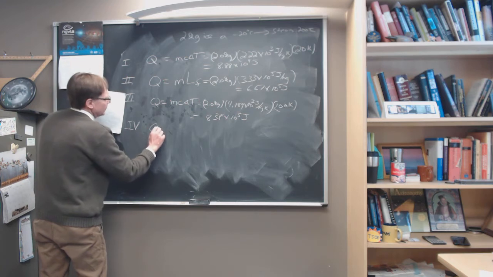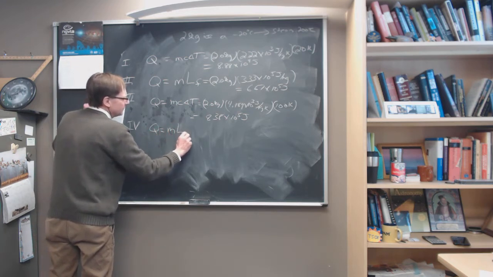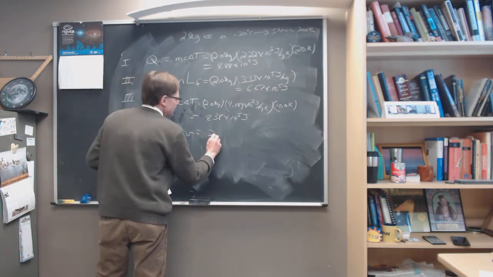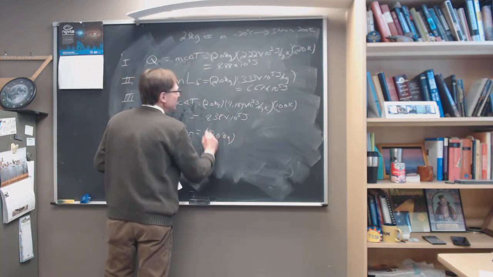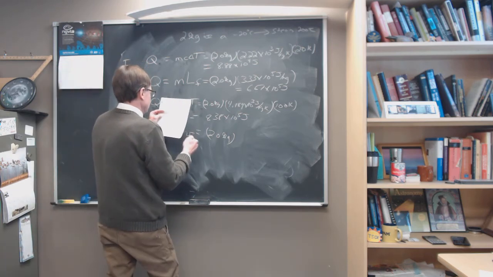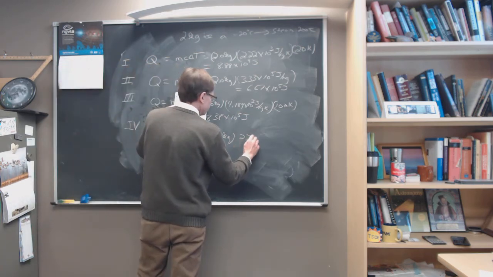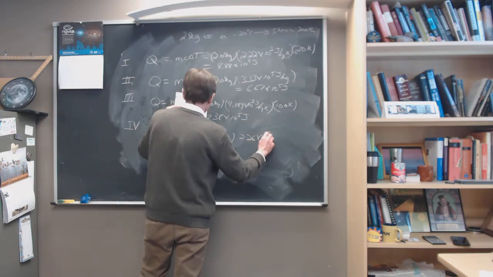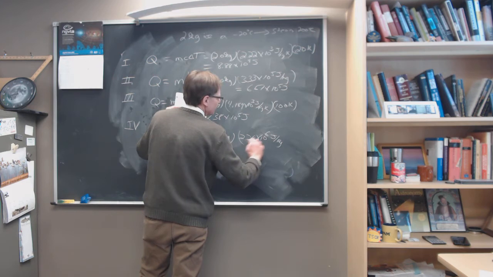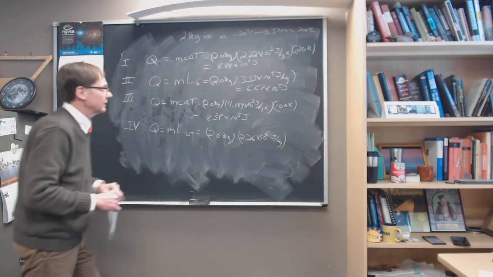And we go back to Q is equal to mL sub V, the latent heat of vaporization. And it's going to be 2 kilograms again. The latent heat of vaporization looks like 2.26, where I looked it up anyway, times 10 to the 6th joules per kilogram. Again, no per Kelvin, because we're keeping the temperature locked at 100 degrees Celsius.